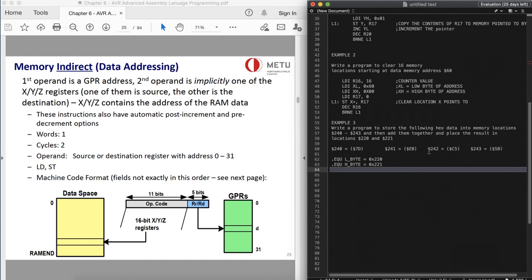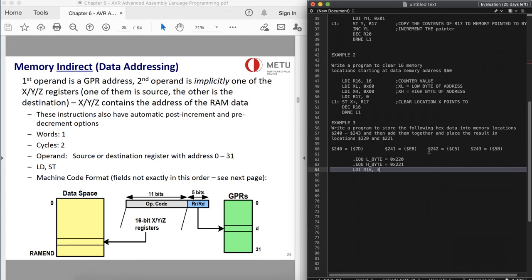Now we start with, let's give a tab. LDI. Now how many locations do we have? We have 4 locations, so let's set the counter to be 4 that we want to read.